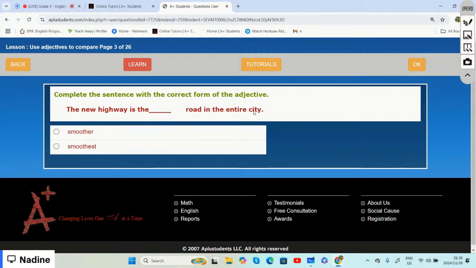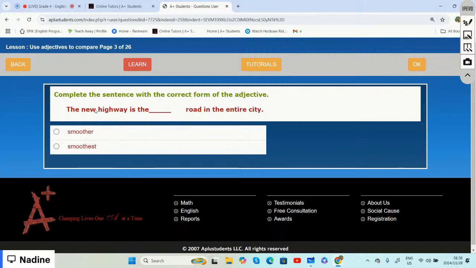Smoother or smoothest? Which one is correct? All right.